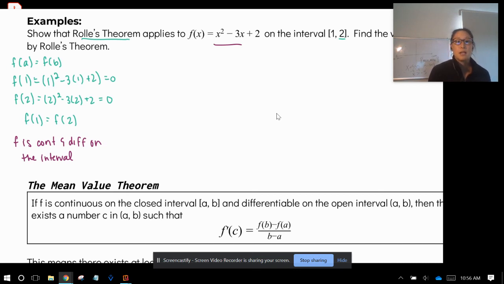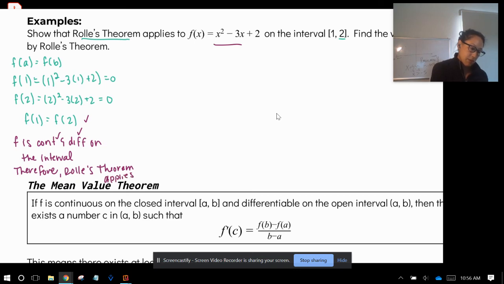So it's going to be differentiable and continuous on all x values, but specifically on the closed interval [1, 2]. So because of these three things, 1, 2, 3, I'd say therefore Rolle's theorem applies. Like, I can use this thing.